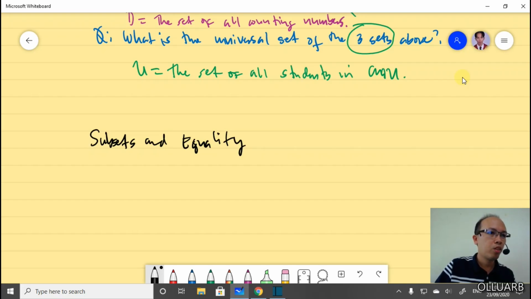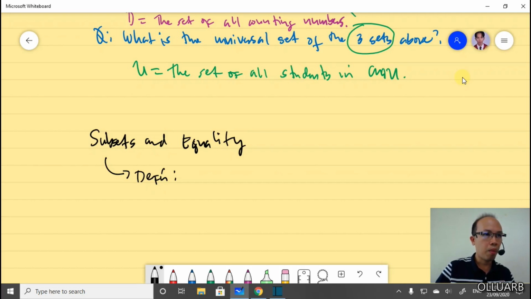Okay, so for this word, what do we mean by a subset? From the word itself, it says here it is a set, with an added word, which is sub.